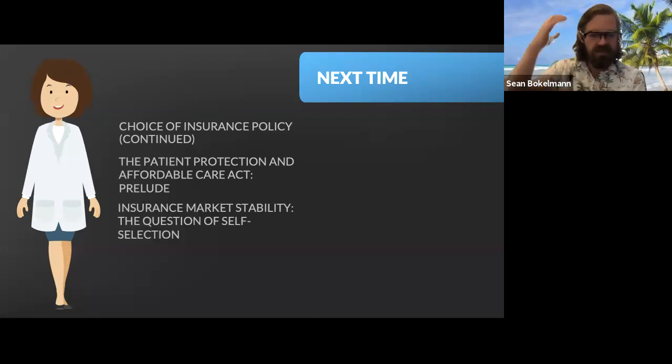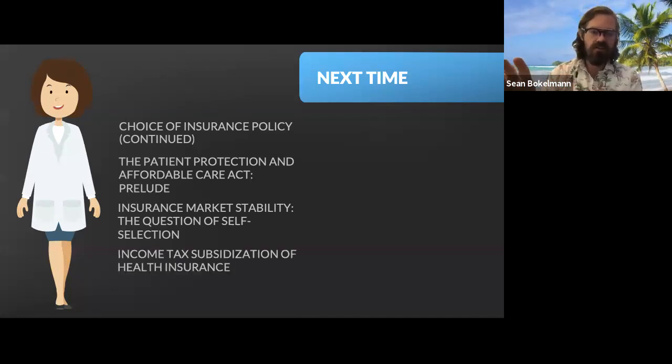Then we'll look at this issue of stability in the insurance market. The question is really this question of what's called self-selection. Consumers are self-selecting insurance, and that creates some interesting problems.